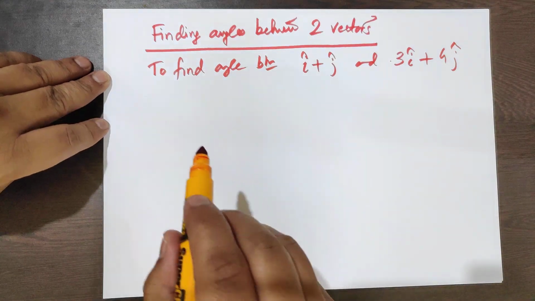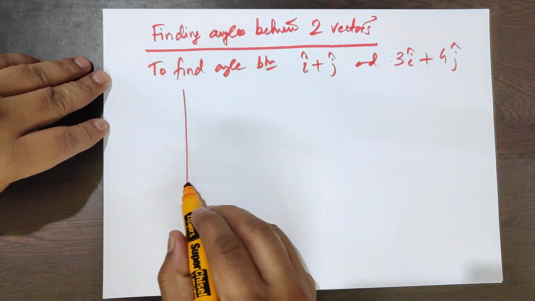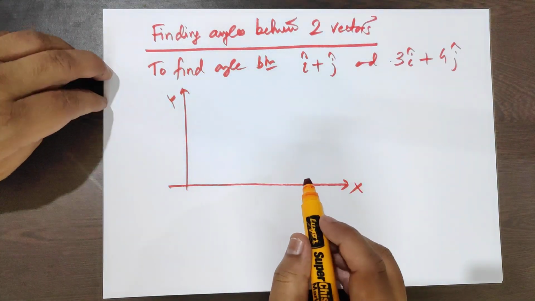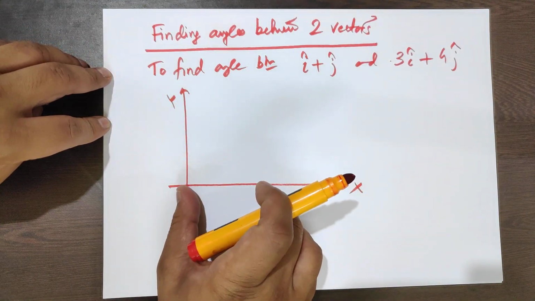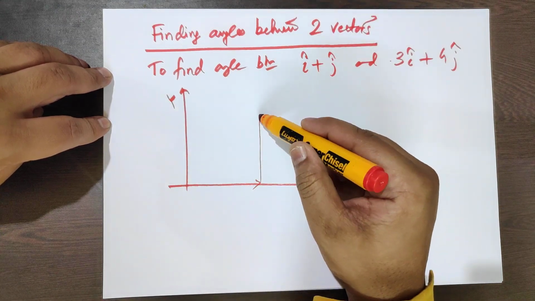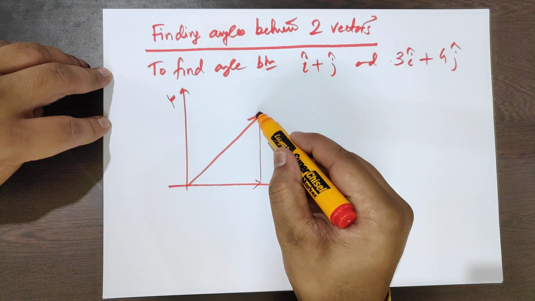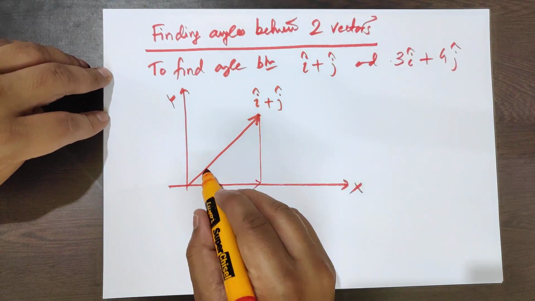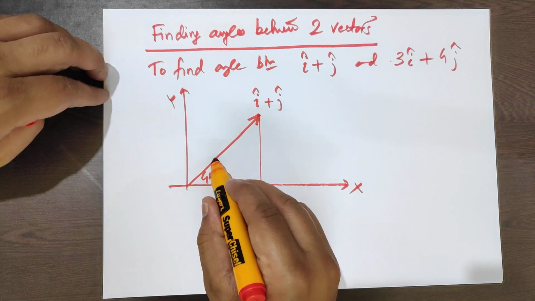Suppose we are solving this problem. So i plus j means which vector? It's in the xy plane, there is no z component. So i plus j means here you have i, here you have j. So that is the vector i plus j. It makes an angle of 45 degrees.